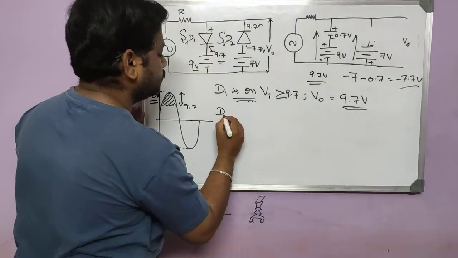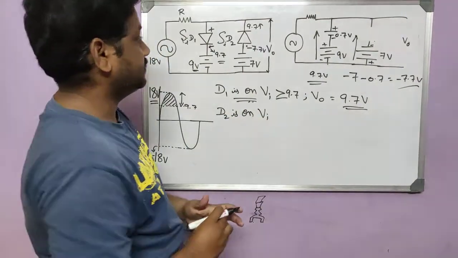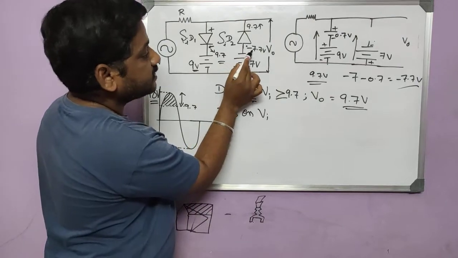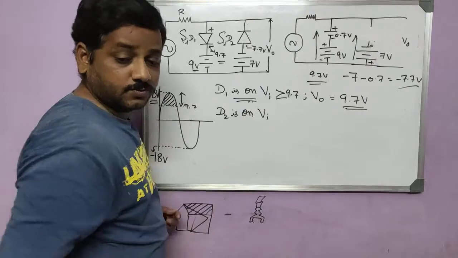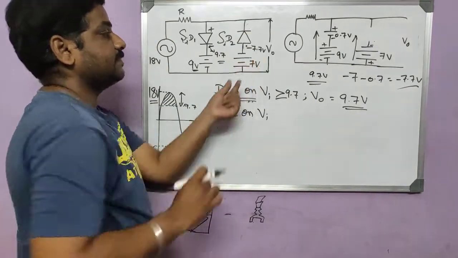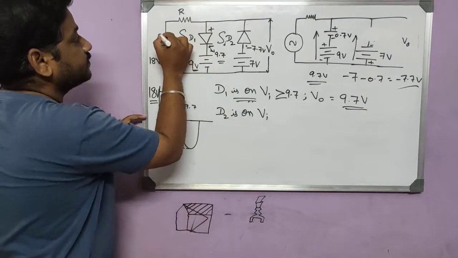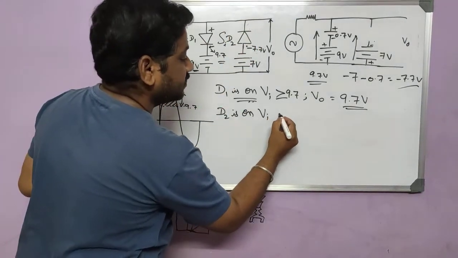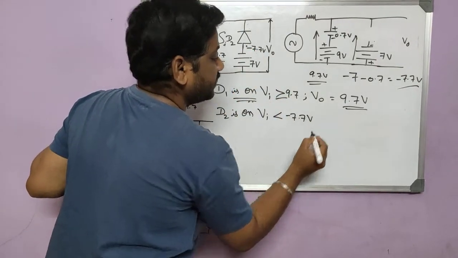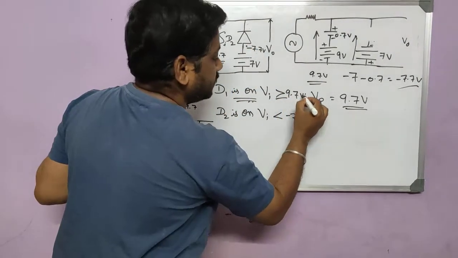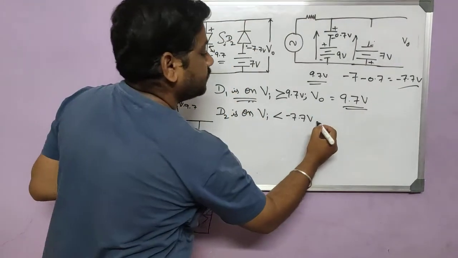So diode 2 will be on at what condition? Let's write it. So here we have minus 7.7. If the voltage at the cathode is lesser than minus 7.7, then only the diode will be on. So we are getting input from here. So we can say if Vin is lesser than minus 7.7 volt, if the cathode voltage is less than minus 7.7, then the diode will be on.